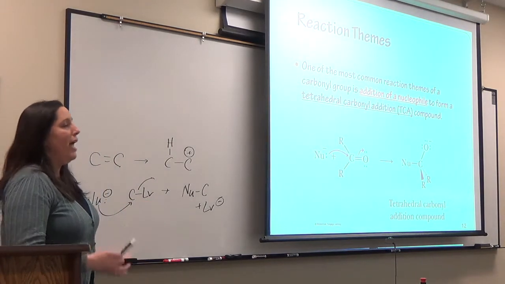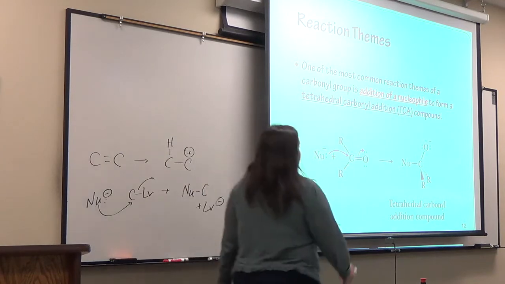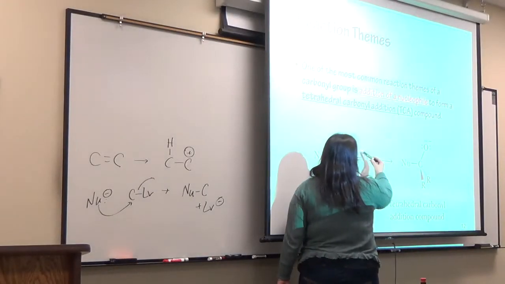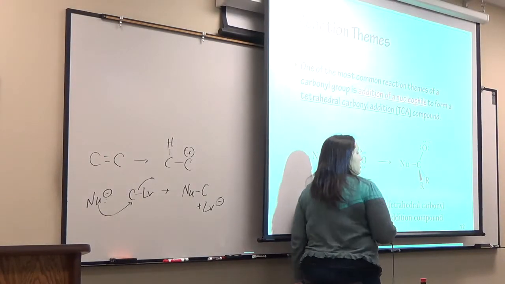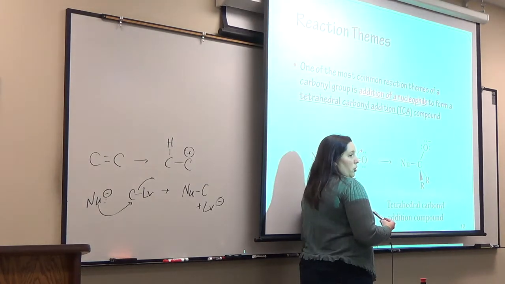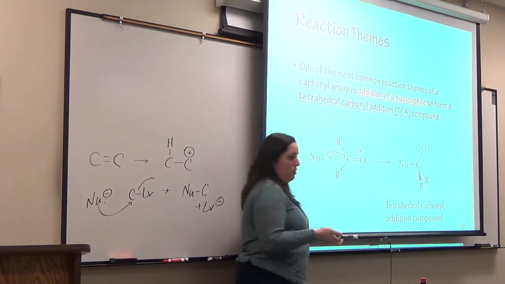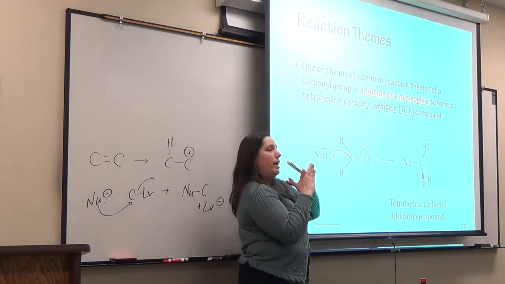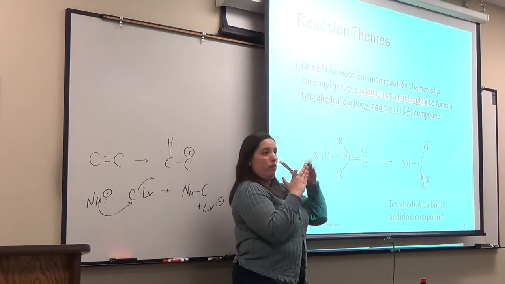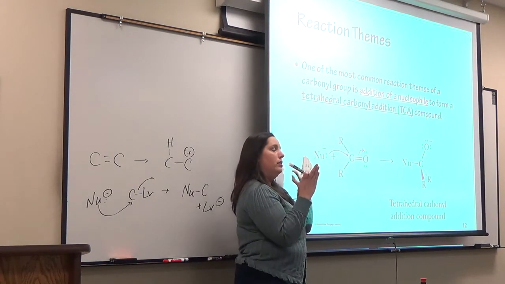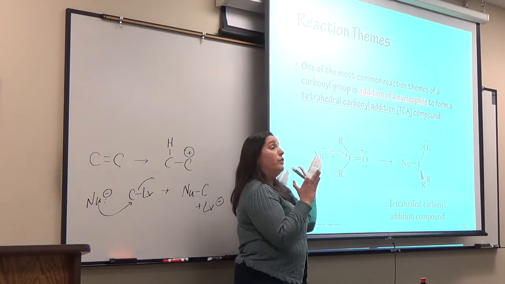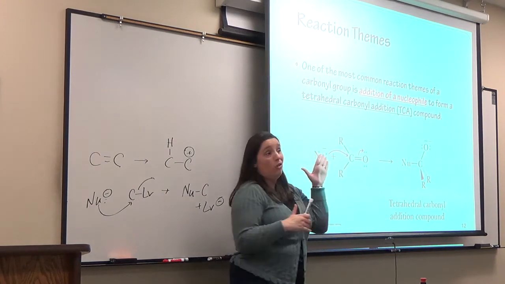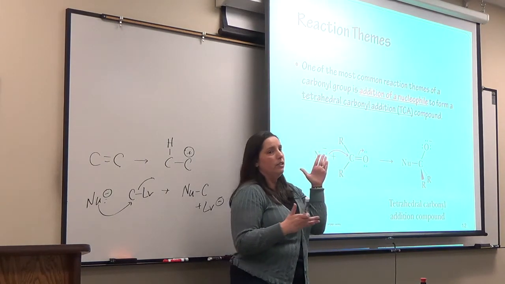And what has to happen then is that the double bond, that pi bond, is going to have to open. Kind of like the epoxide, remember that in the epoxide you open the ring, and that breaks a bond. So the leaving group is actually attached already to the carbon. It's kind of a similar thing.